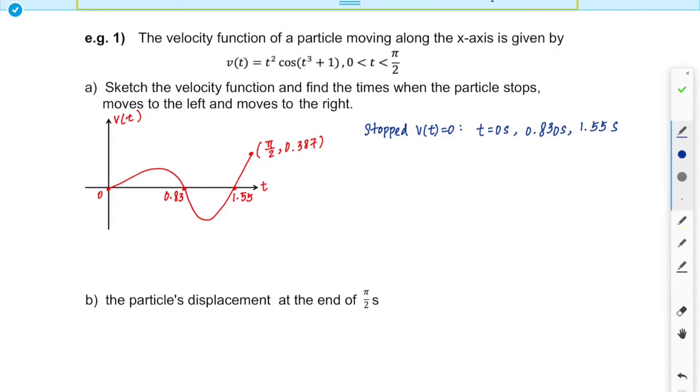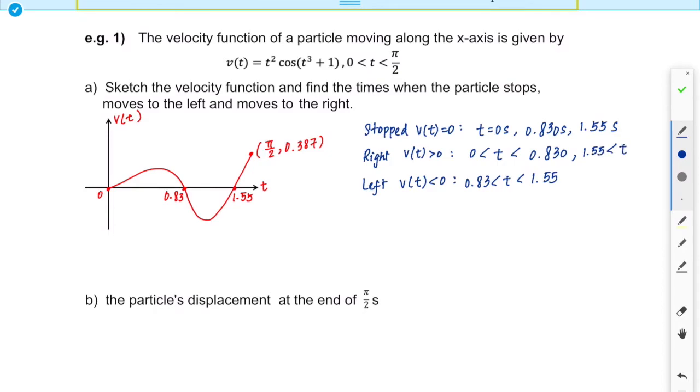So it's moving to the right when the velocity is positive. That means that it's from 0 to 0.83. And to the left, when v of t is less than 0, between 0.83 and 1.55, but then it's going back to moving to the right, so 1.55 to pi over 2, because we do have a cutoff. Okay.